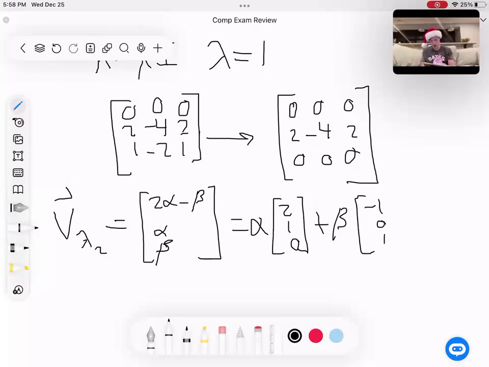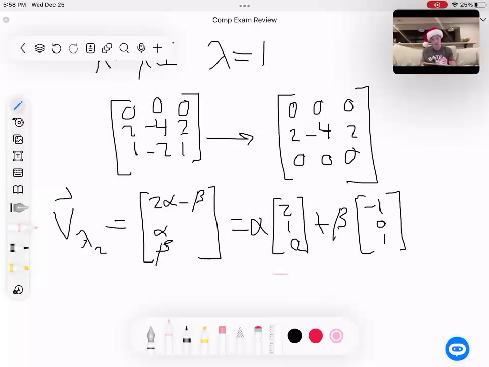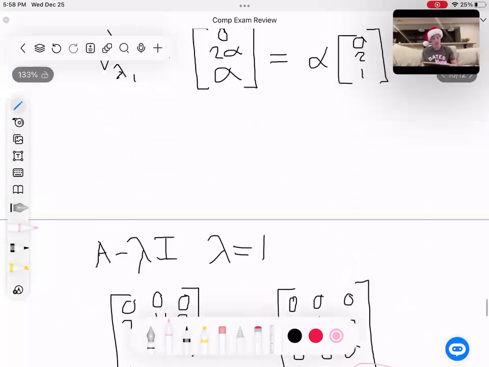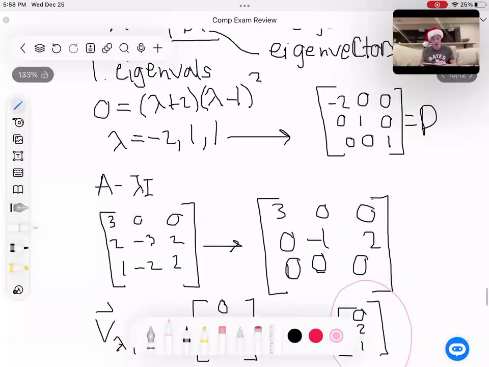So now, right, we have 3 vectors, and I'm going to go through and highlight each of them in pink. We have 3 vectors that we can use to form our matrix P, right? So we have 2 that are associated with our eigenvalue of multiplicity 2. And then going up here, we have 1 that is associated with our lambda 1 equals -2. So the way that we designed our diagonal matrix, -2 comes first.